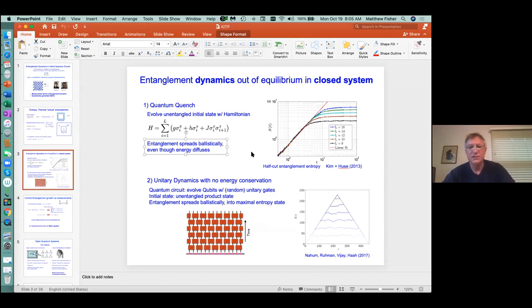They find, just as in the Hamiltonian dynamics, that the entanglement spreads ballistically into a maximal entropy state, in this case since there's no energy conservation. So generally, for entanglement dynamics in out of equilibrium closed systems, the entanglement just grows ballistically, and at long times in the steady state, the system is as entangled as possible.